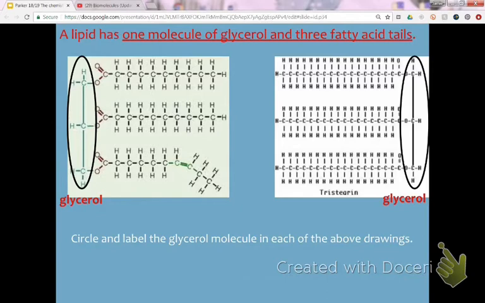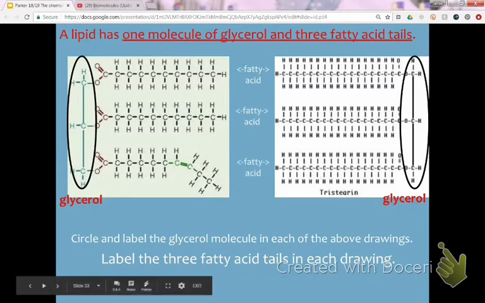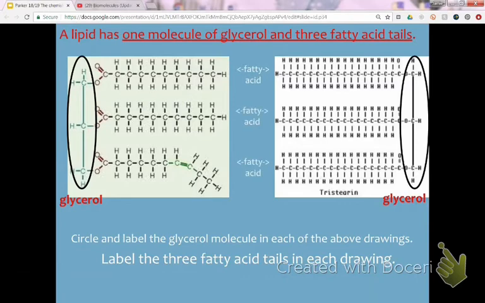That is like the backbone of the lipid. And then each one has 3 fatty acid chains, okay? So those are these parts right here. Those are the fatty acids.